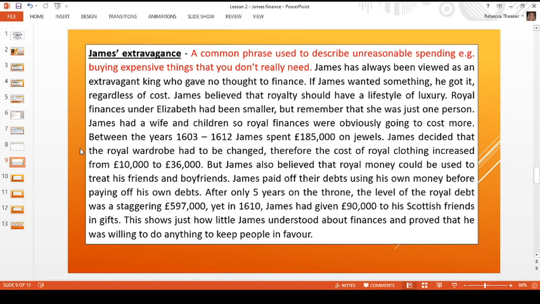So if you remember on your very first lesson about James, you made a little mind map about some of James's problems, and in there we talked about the lavish parties he used to throw, the double suppers, which was a massive waste of money and food, but it wasn't just the parties. James also used to pay off his friends' debt, which you might think is quite a nice thing to do.